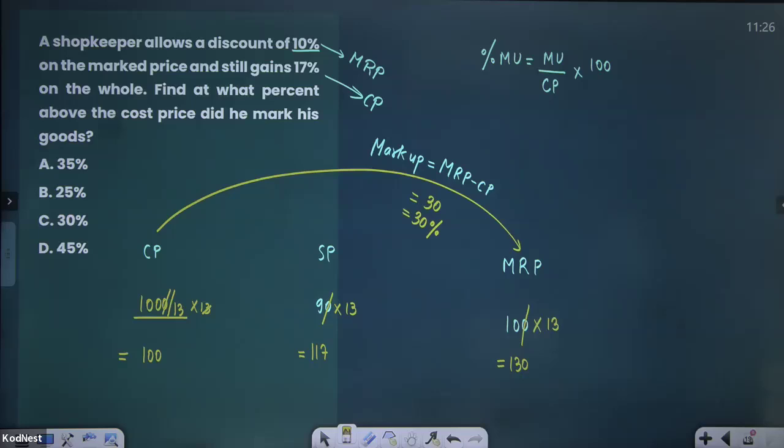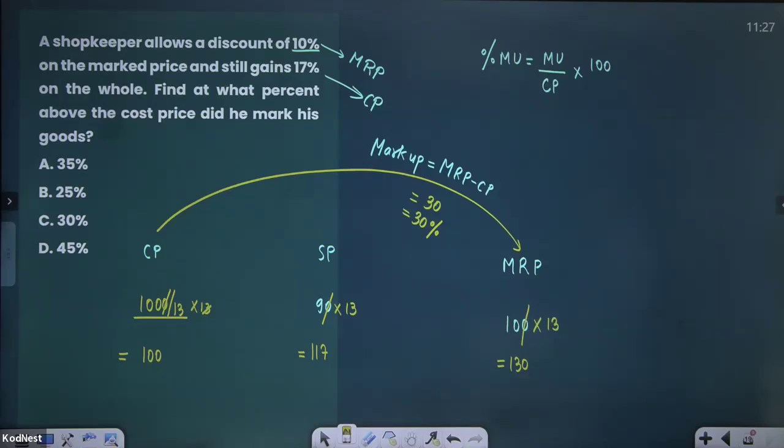117 as 90%. Yes, sir. I told you this. If you take marked price 100, calculation came out to be difficult because that came out to be 1000 by 30.